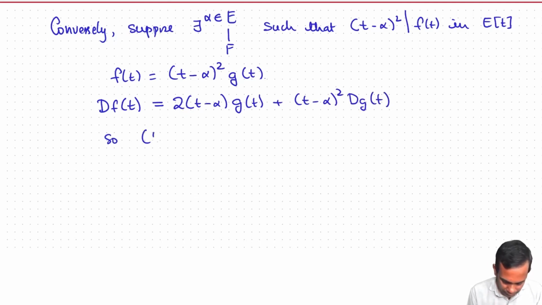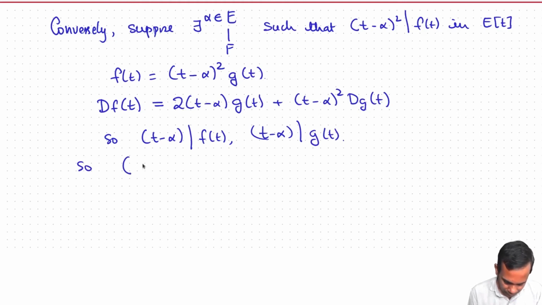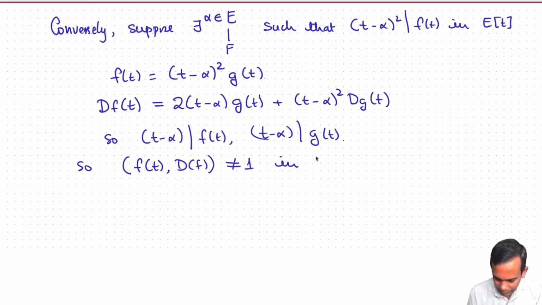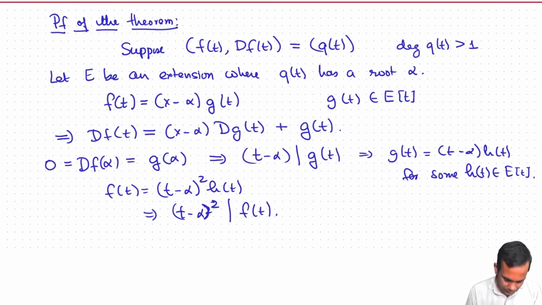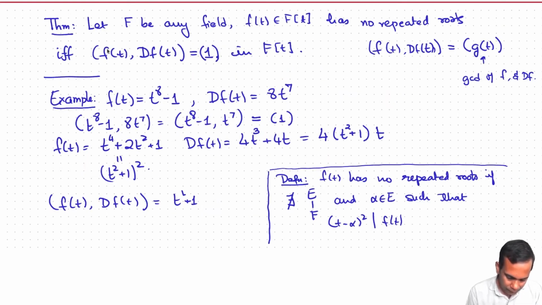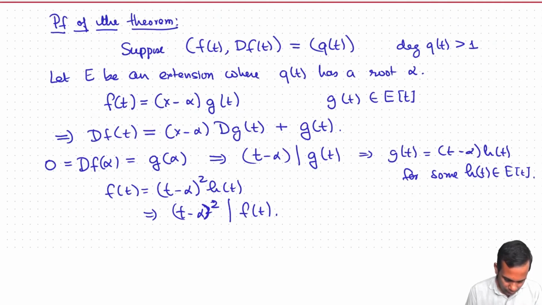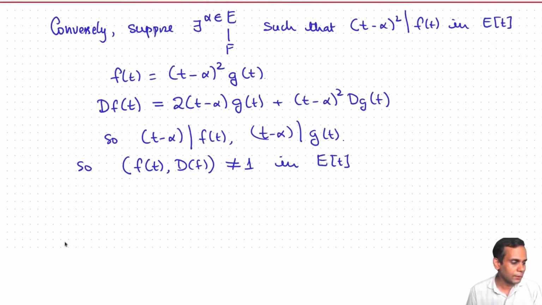So t minus alpha divides both f(t) and df(t), which means that the GCD of f(t) and df(t) is not equal to 1 in E[t). This is the GCD in E[t], but in this theorem, I don't want to worry about extensions. I just want to compute the GCD of f(t) and df(t) in F[t]. But the point is, it doesn't really matter.